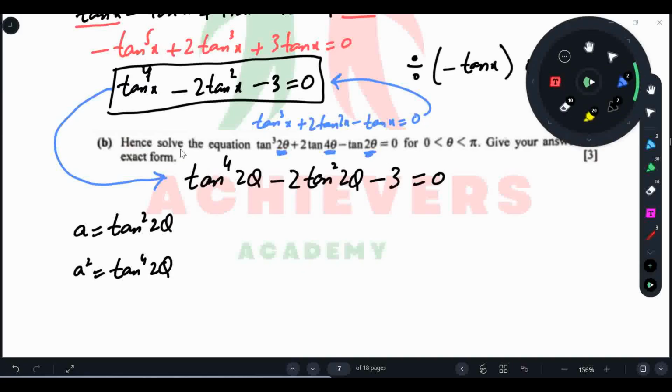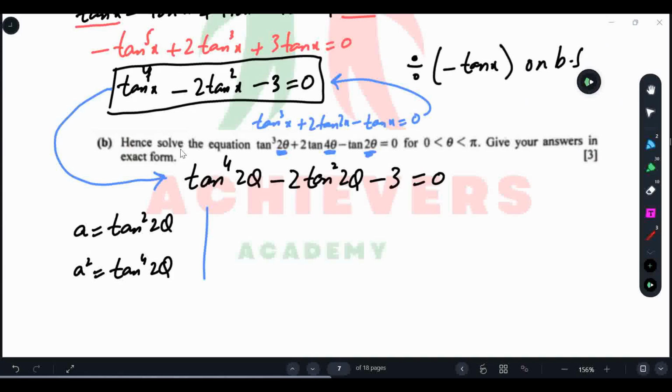Now we can write the equation as a square minus 2a minus 3 is equal to 0. We can use the mid-term breaking. So a square minus 3a plus a minus 3 is equal to 0.